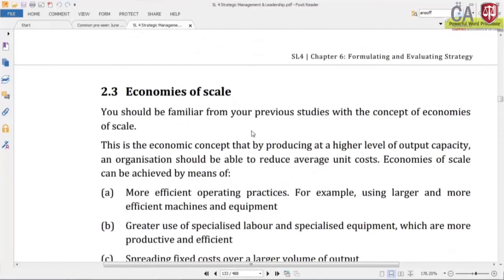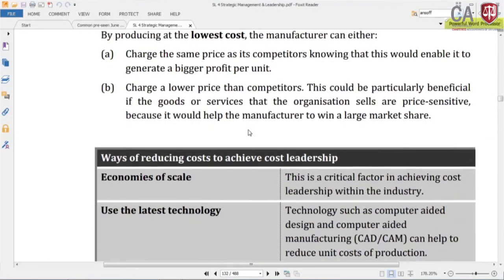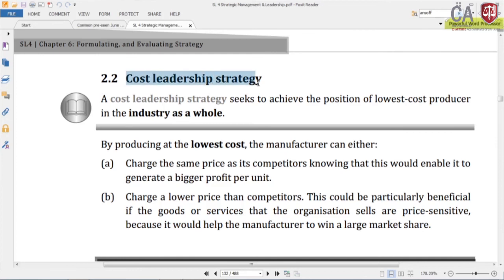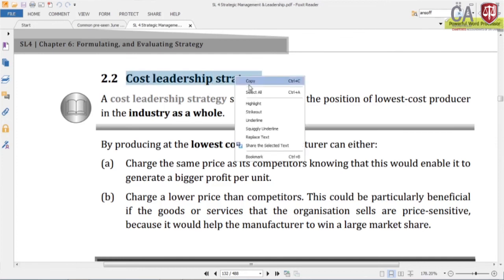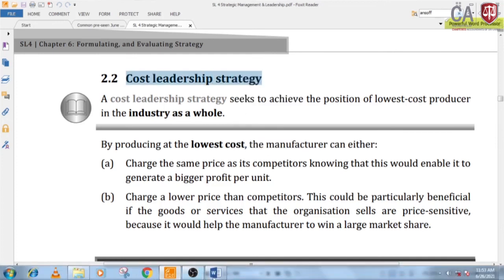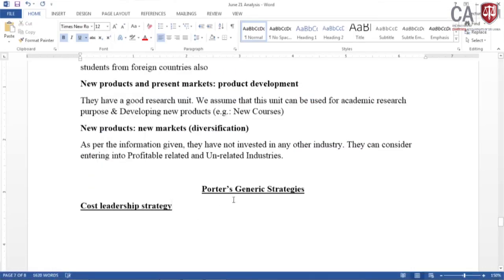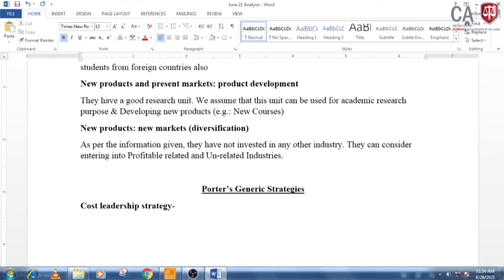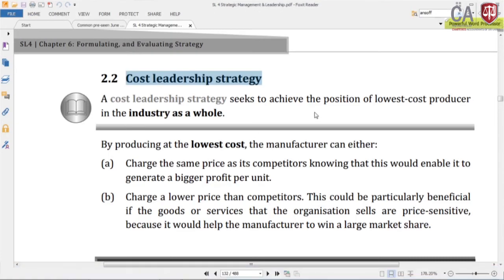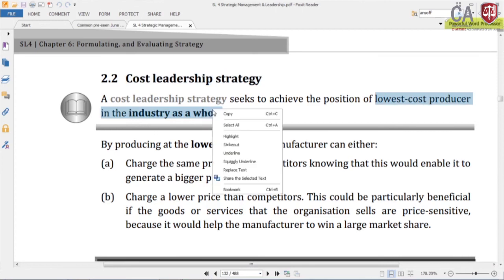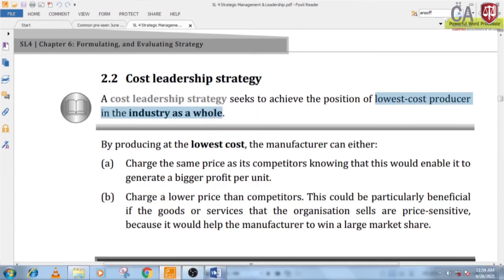You know about generic strategies. What about the cost leadership strategy? Is there any opportunity for them to use this cost leadership strategy? What we expect under the cost leadership strategy is that we are trying to become the lowest cost producer in the industry as a whole, that is our expectation.